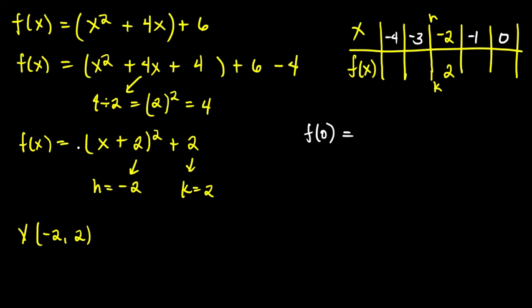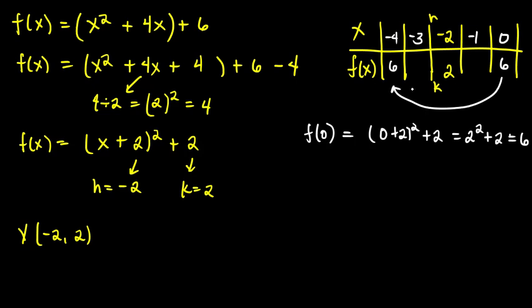Personally, I want to use the vertex form because it's easier. So (0 plus 2) squared plus 2. 0 plus 2 is 2. So we'll get 2 squared plus 2. And 2 squared is 4. 4 plus 2 is 6. So the value of f of 0 is 6. Then that means the value of f of negative 4 is also 6, because remember, we're just reflecting these two values here.